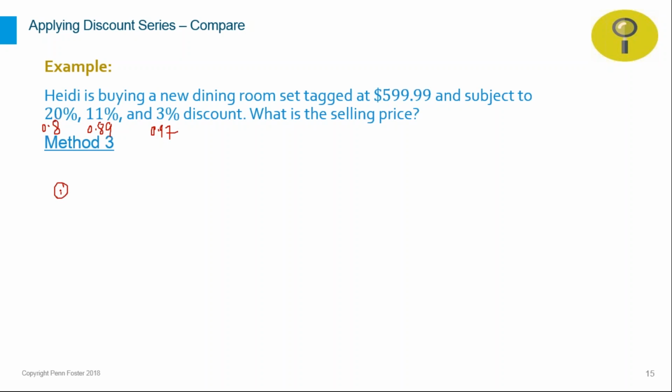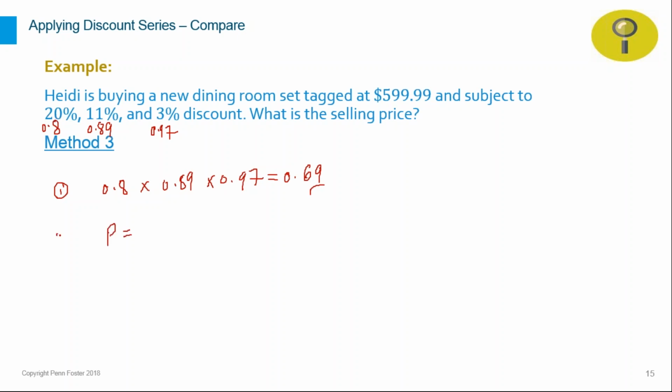So multiply 0.8 times 0.89 times 0.97, which will give you the decimal form of the percent of the selling price out of the tag price, which is 0.69. Use this as the R.